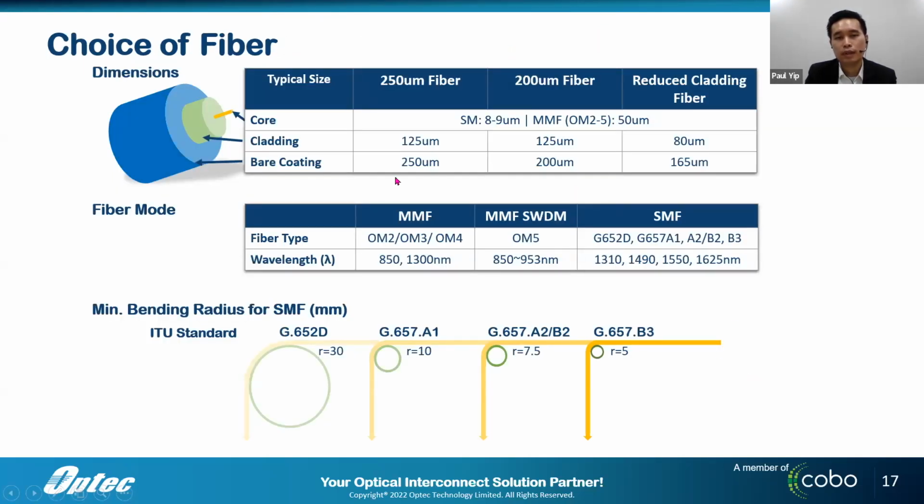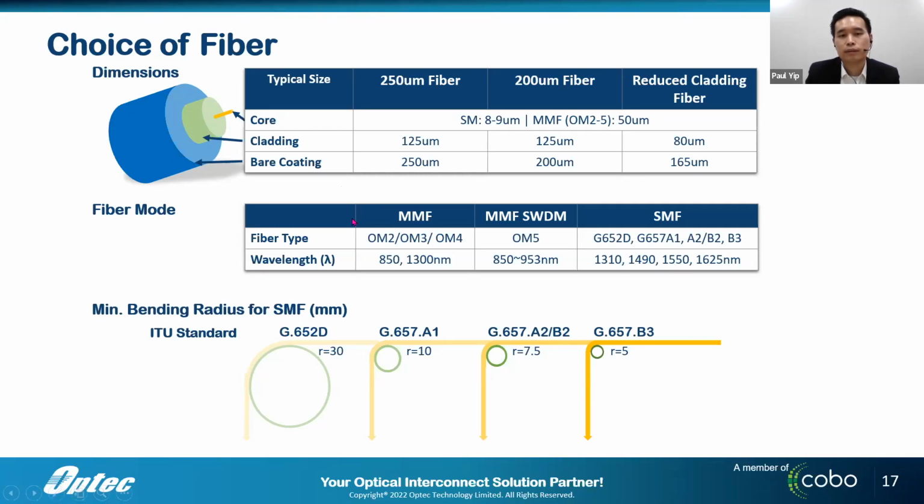So just a little bit of fiber introduction here. I know for CPO applications, it's more single mode fiber being used in the market right now. So we can choose from various types of claddings, so that it gives a smaller and smaller fiber OD, which is higher and higher density.